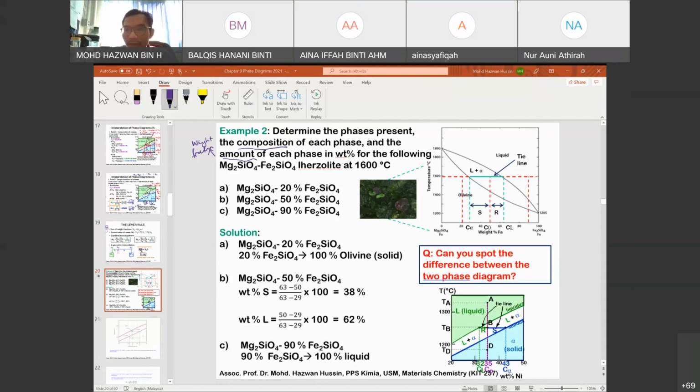I think I called you yesterday and you were not there. So today, are you here? Yes, Doctor. Okay, all right. So I want you to do C. At 90% of iron silicate, please find out the phase, and then the composition, and finally the weight fraction. Okay, all right. I will just give you 1 or 2 minutes.